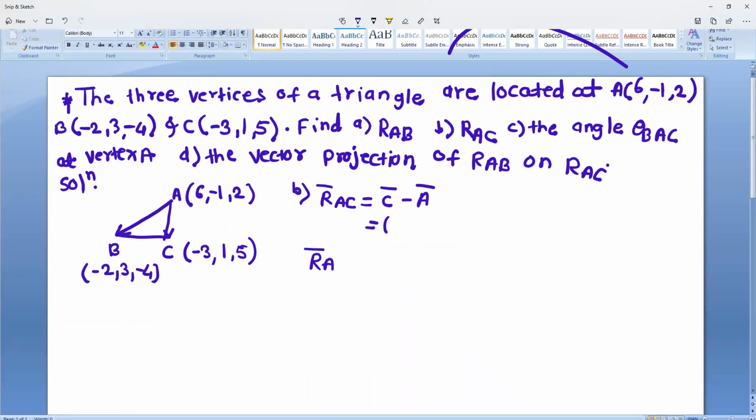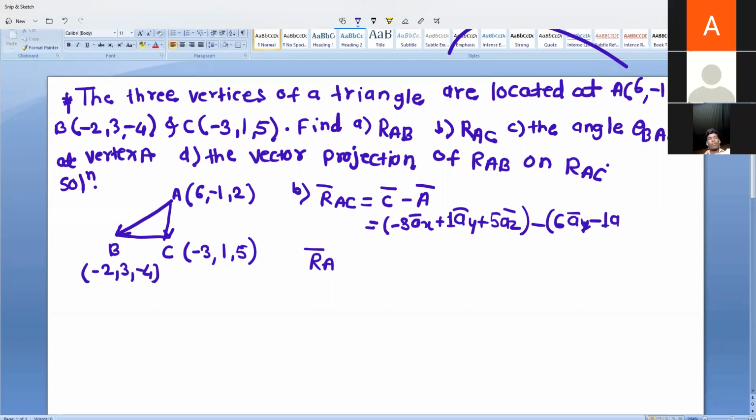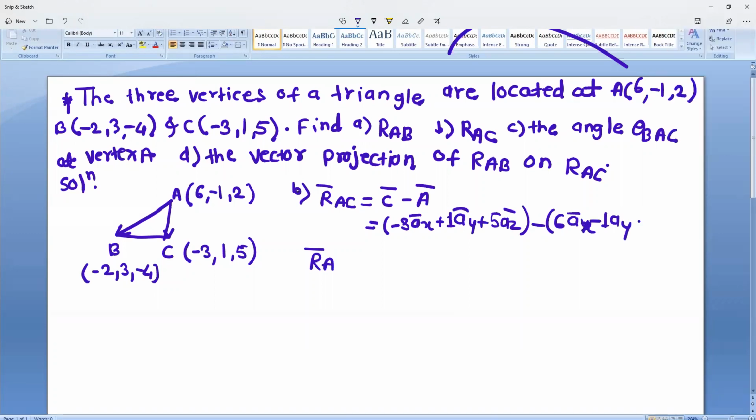Now we have to write this point C in Cartesian coordinate system. So this point C has coordinates -3, 1 and 5. Therefore in Cartesian coordinate system, the vector C bar is equal to -3 a bar x plus 1 a bar y plus 5 a bar z, and minus this A bar. This A bar is 6 a bar y minus 1 a bar x minus 1 a bar y plus 2 a bar z.